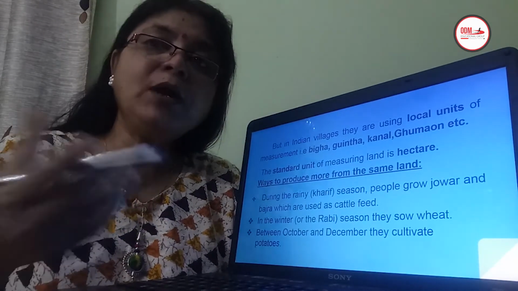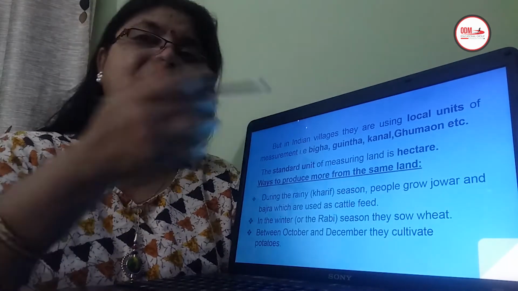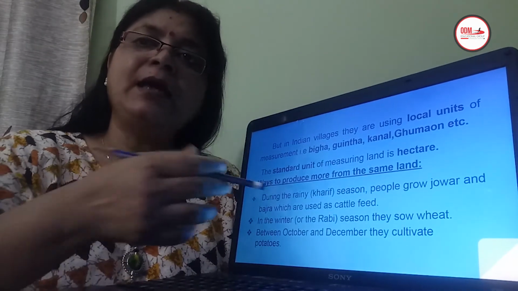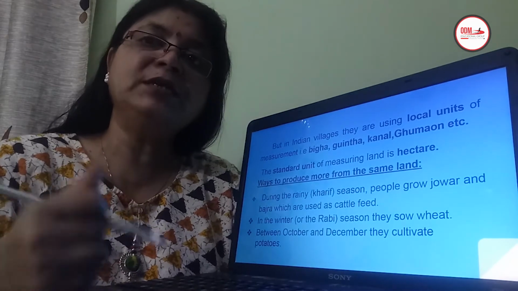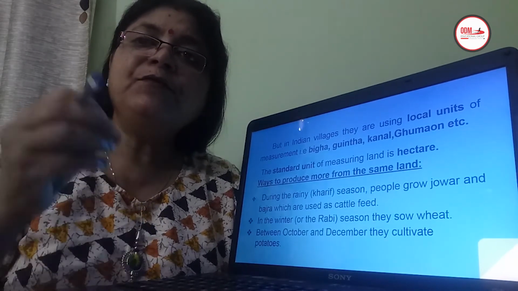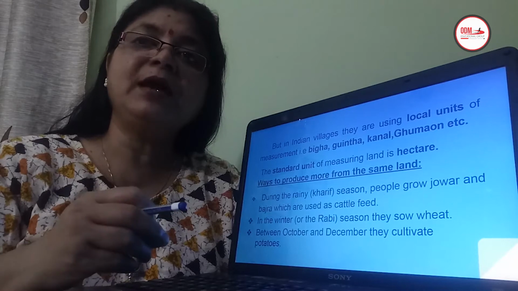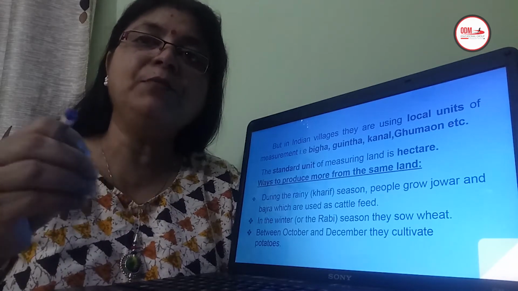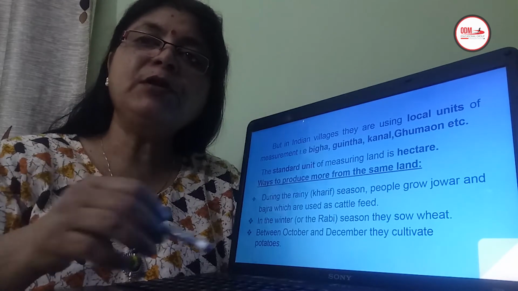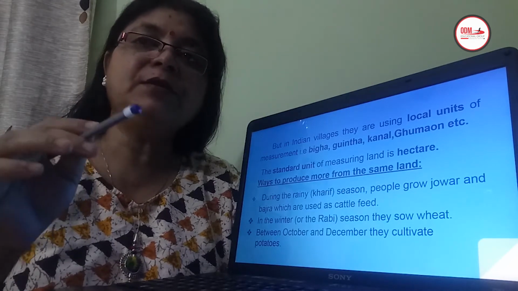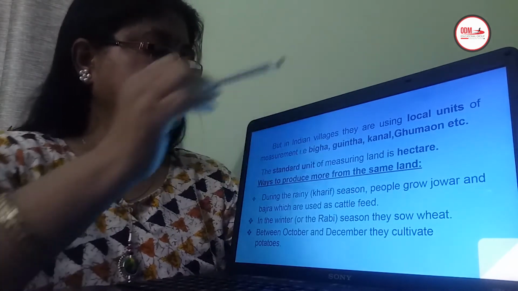They are using their local measurement system, like the bigha is used by West Bengal, like the gunta is used in Odisha. So in such a way, the villages as well as the states have their own local measurement unit. But whenever you are talking about the standard measurement unit, it is the hectare.